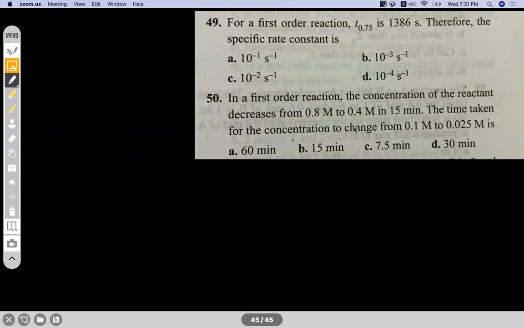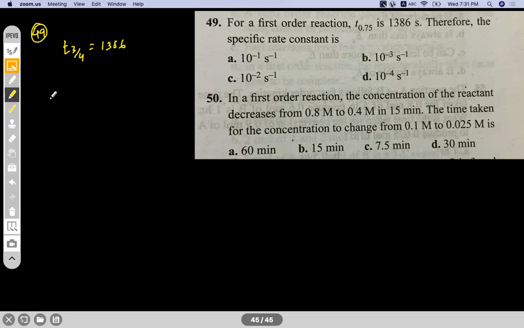Okay. So the first one you see, the best way is to do this without using any formula. It is given T3/4 is 1386.